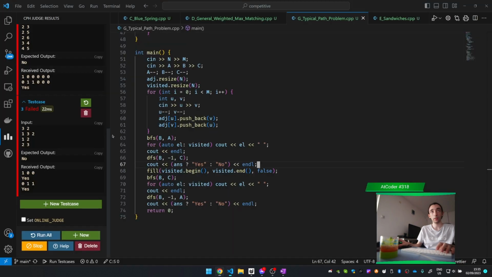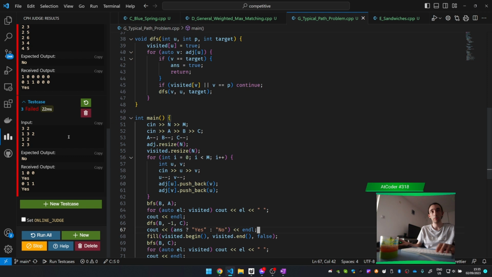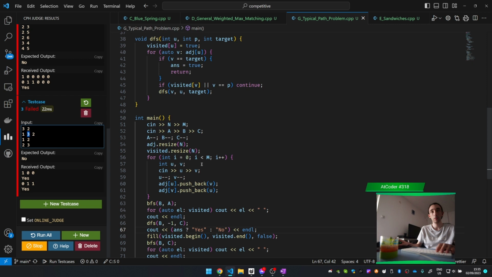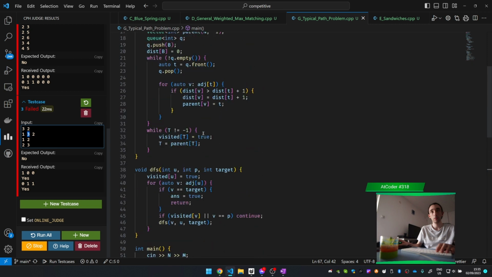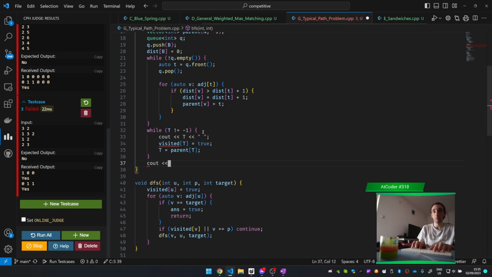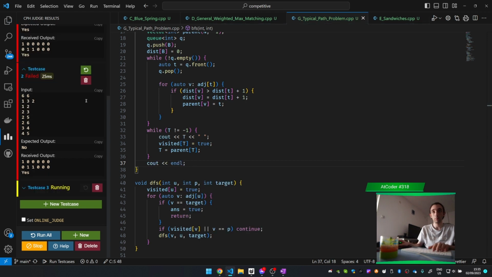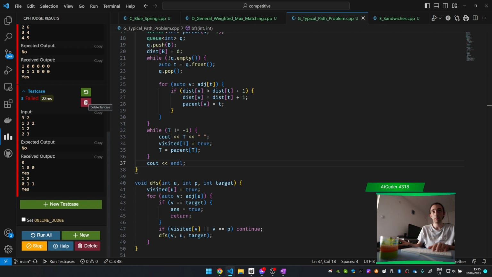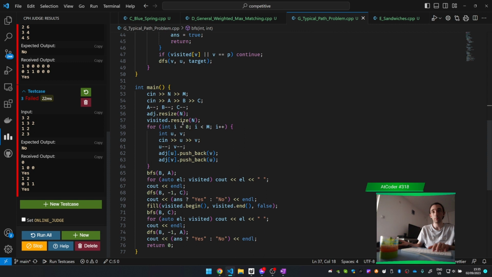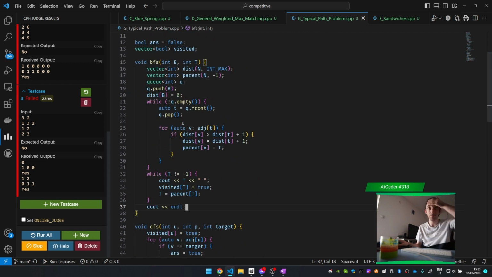Oh no, B is here. From 3 to 1 is visited, but 2 has to be visited as well. B to A, 1 and 2. 1 and 2 are visited.